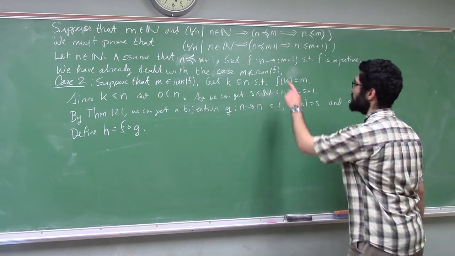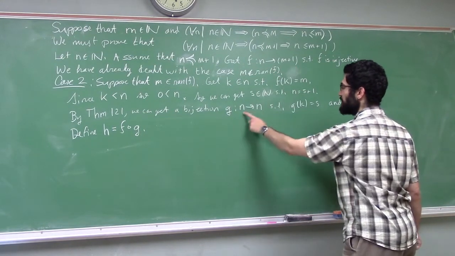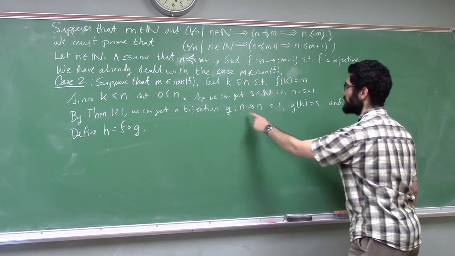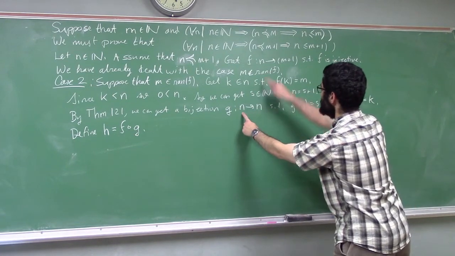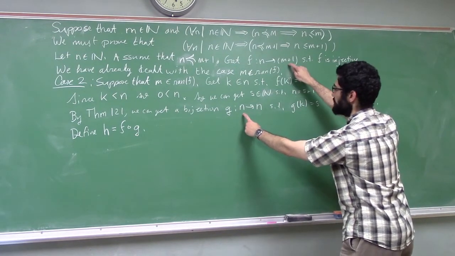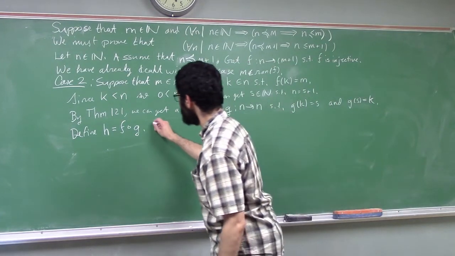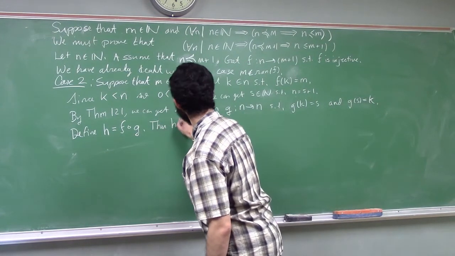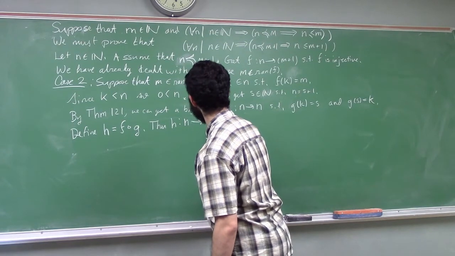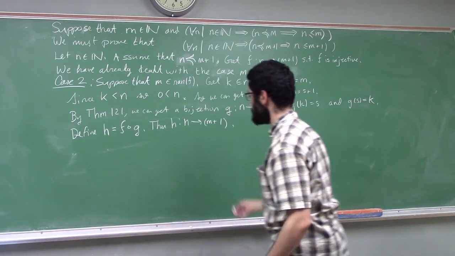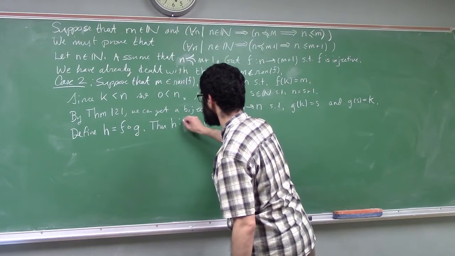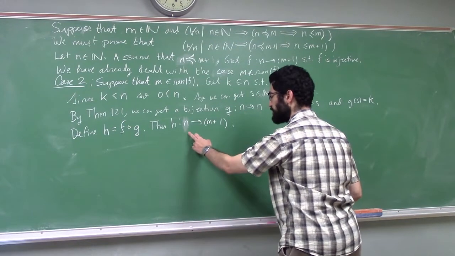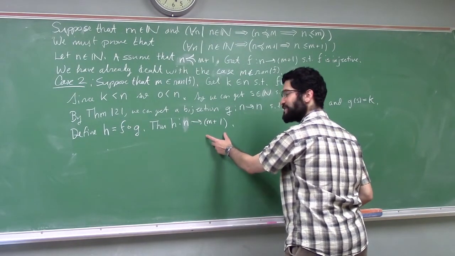Since f maps n to n plus 1, and g maps n to n, h is going to map n to n plus 1. This is really useful. It's packaging a lot of information together. h is a function, the domain is n, and the range is contained in n plus 1.